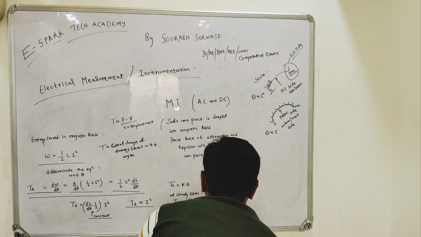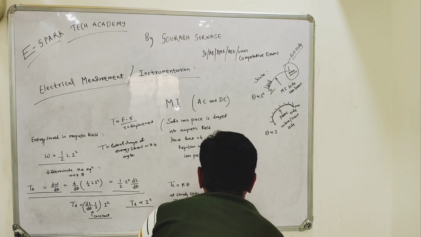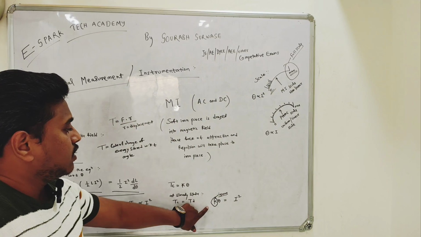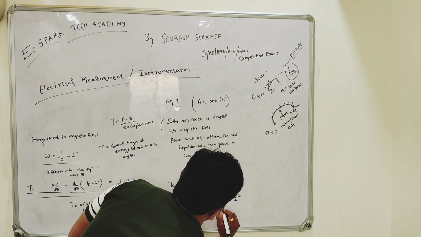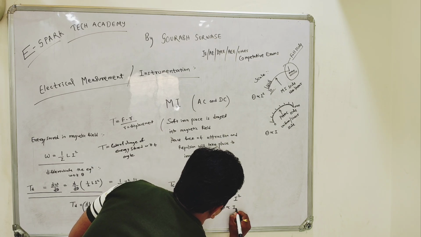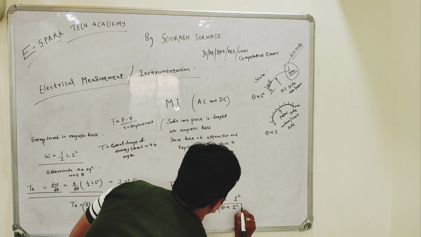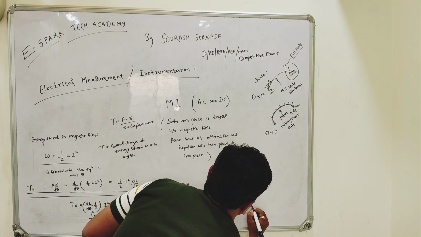In this case also, please ignore K here, it is constant, hence theta will be proportional to I square. Hence we prove the MI case.